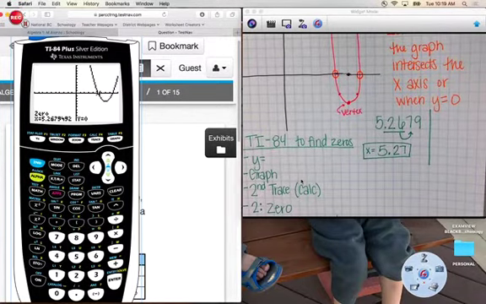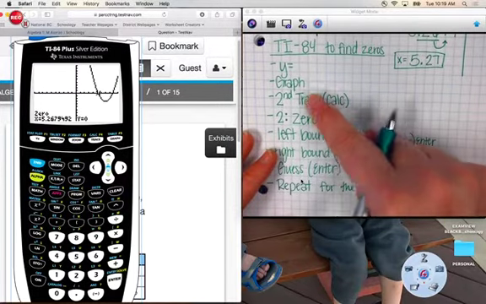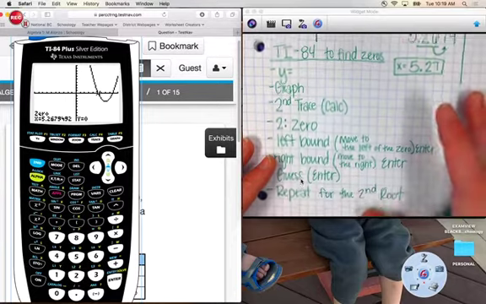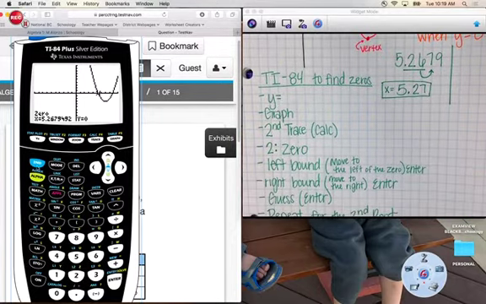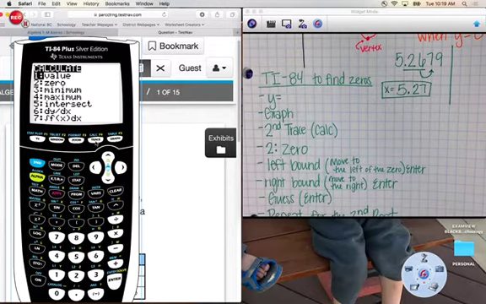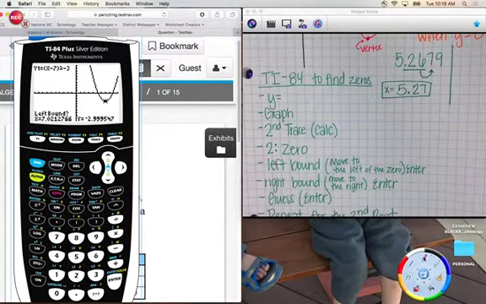So you're going to go and do these steps again, starting at the second trace, because we're already looking at the graph. So I'm going to go second trace, 0. Now I need to move to the left of this 0 right here.